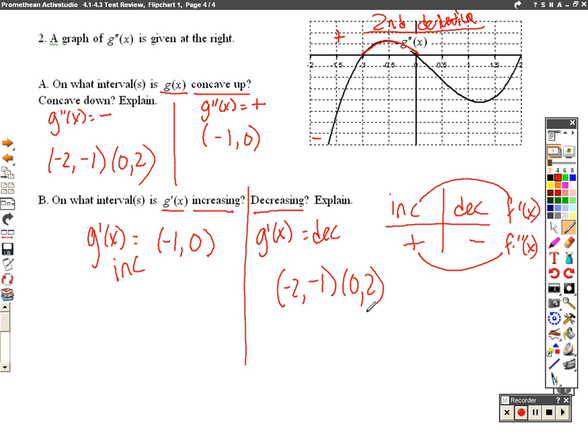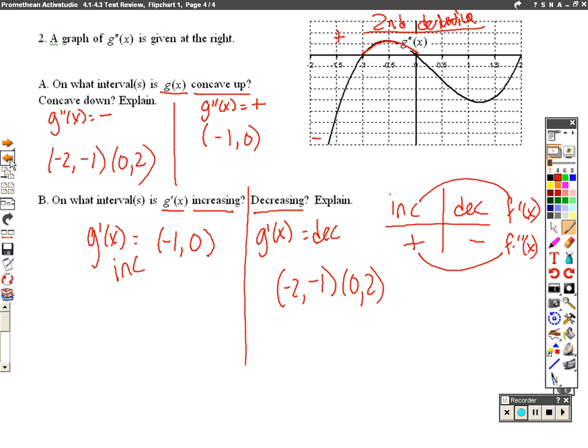All right, you are definitely going to have a graph. You are going to be asked about the concavity, increasing, decreasing. You might be asked about horizontal tangents. If I ask you about horizontal tangents, I have to be showing you the derivative. And on a derivative graph, a horizontal tangent, meaning a slope of 0, occurs all the times the graph hits the x-axis.